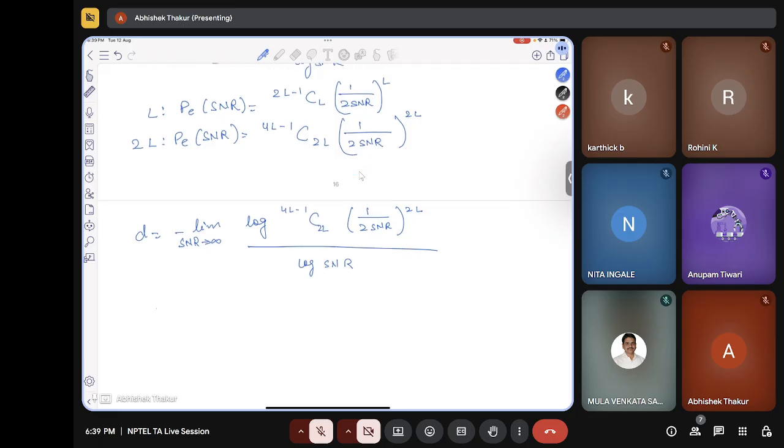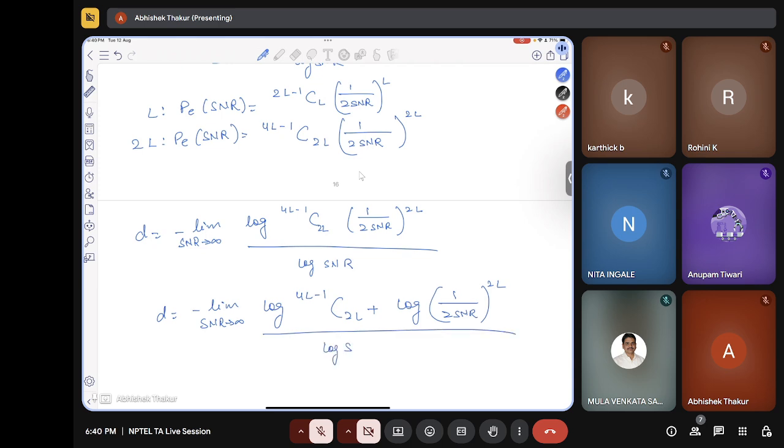So D will become minus the limit of log (4L minus 1 C 2L) plus log of (1 by 2 SNR) to the power of 2L, divided by log of SNR.